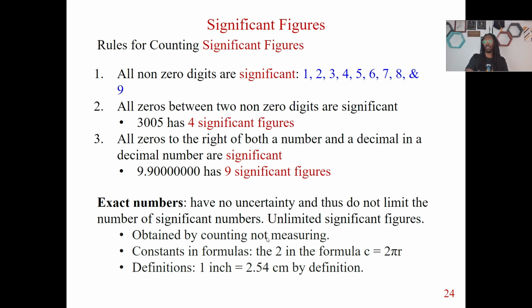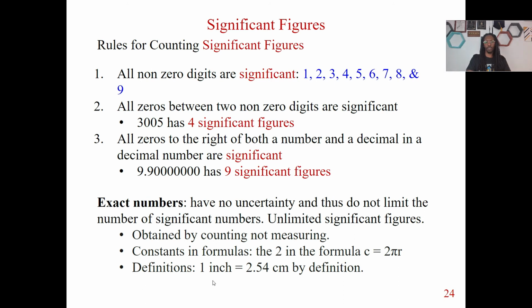You're counting. Measurements, if you're trying to measure your mass or something like that, you have to use sig figs in this case. Constants and formulas are exact numbers. So, for instance, the 2 in this formula here is an exact number. No sig figs needed.